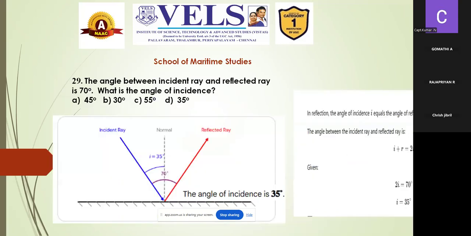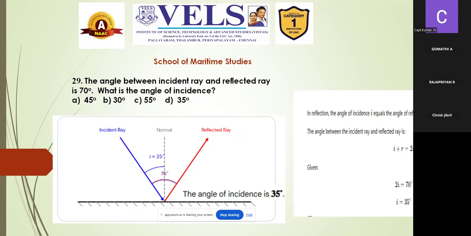Our next question is: the angle between incident ray and reflected ray is 70 degree. What is the angle of incidence? In reflection, the angle of incidence i is equal to the angle of reflection. In this diagram, the blue line shows the incident ray and the red line shows the reflected ray.